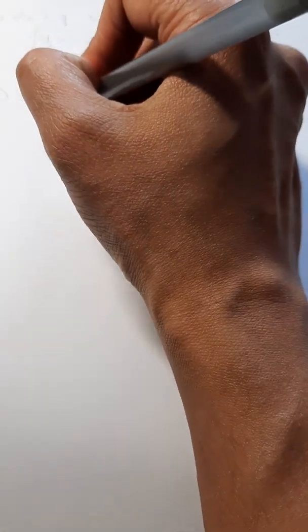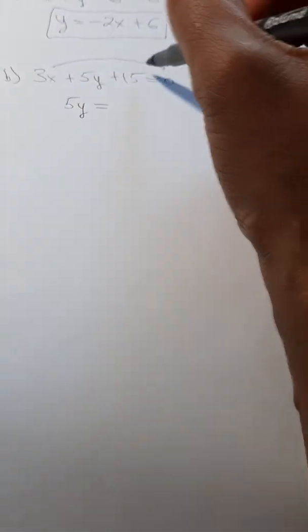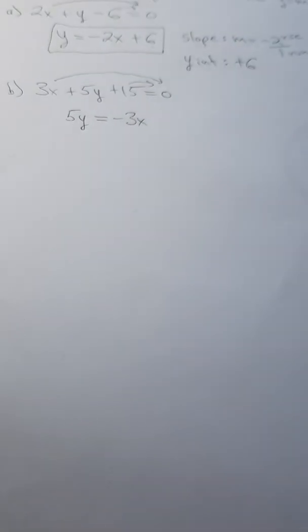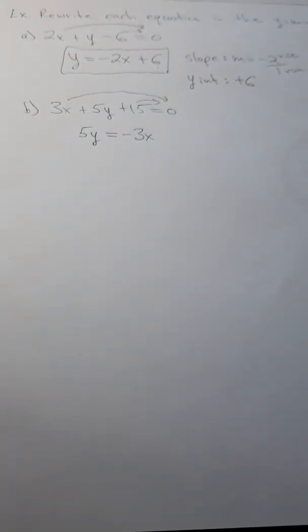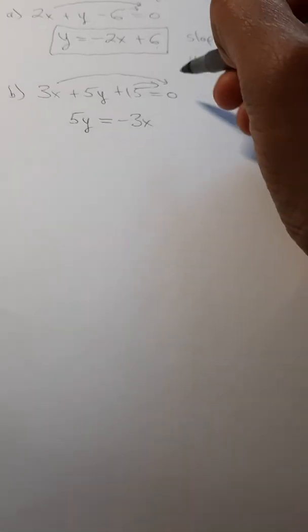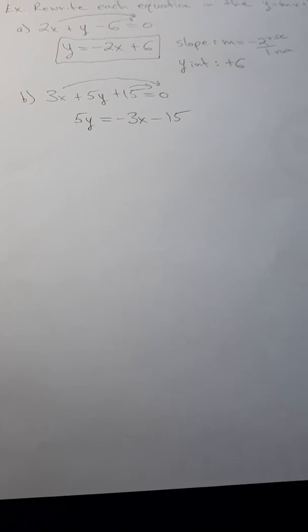We're just going to keep it on one side. Then you're going to take the 3x to the other side, and it becomes negative 3x. And then you take the positive 15 to the other side as well. Make sure you're changing the sign as you go across the equal sign. And we're getting negative 15.